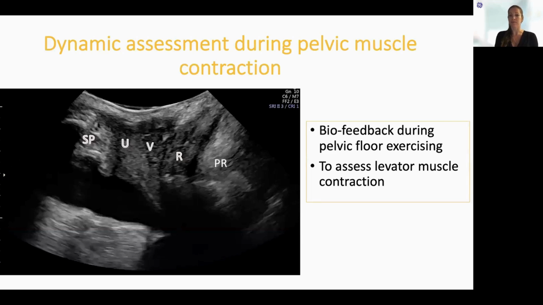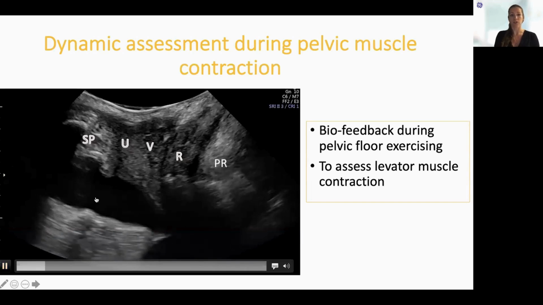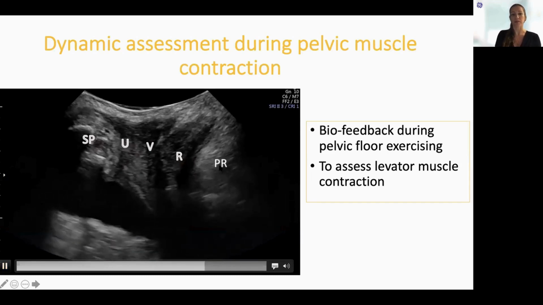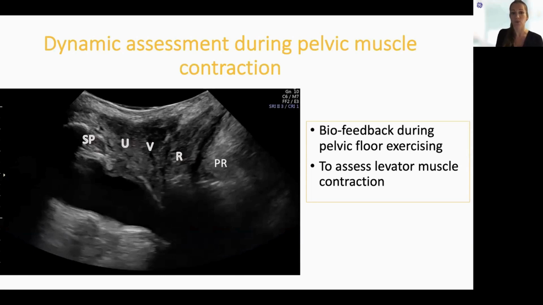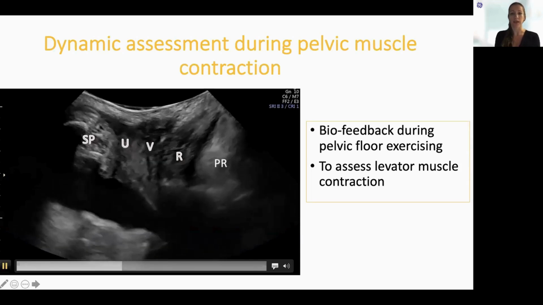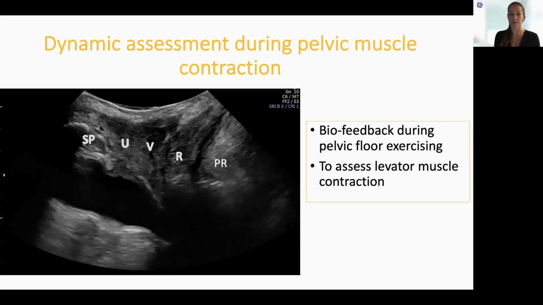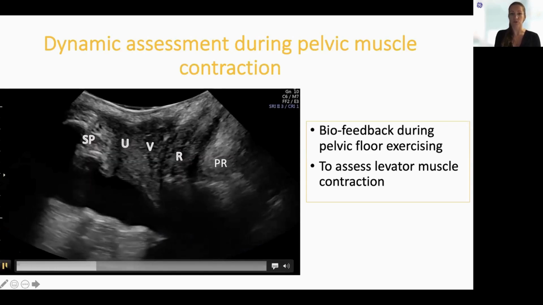We can ask women to contract, and when she contracts the pelvic floor, the symphysis pubis and the puborectal muscle come closer to each other, and it means that the hiatus becomes smaller. I will show you again. In this case, we can give biofeedback during pelvic floor exercising to the woman, for example. And we can also assess the strength and the duration of the contraction.